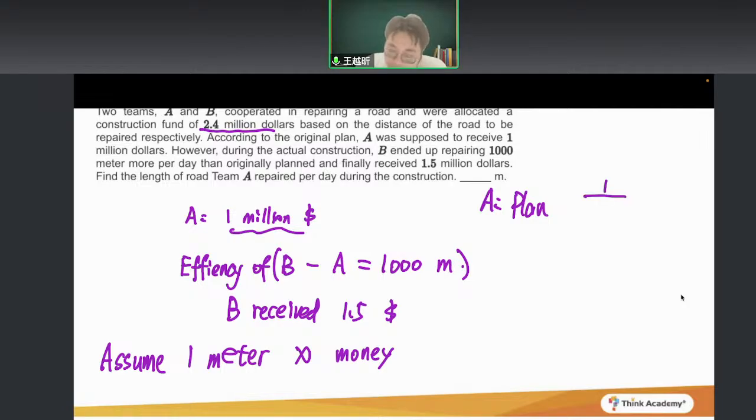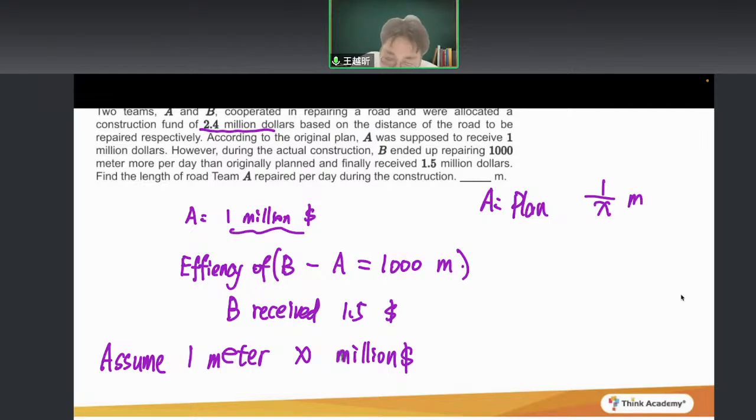Is it 1 divided by X or 1 times X? So 1 meter costs X million, and 1 million buys how many meters? One over X, right? 1 over X meters.